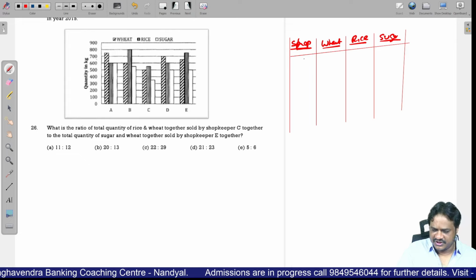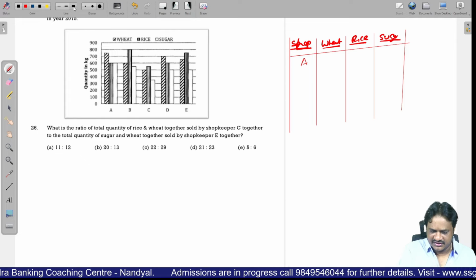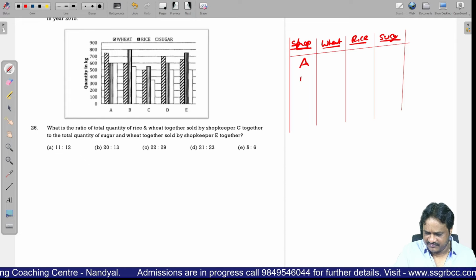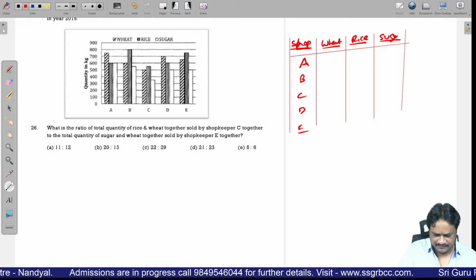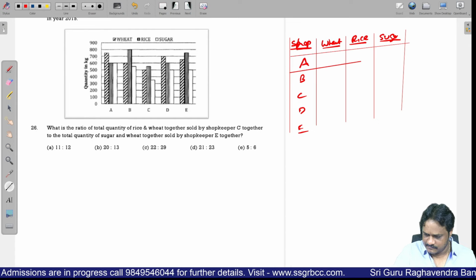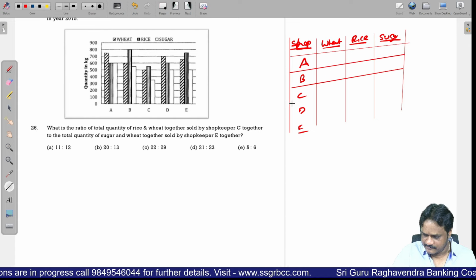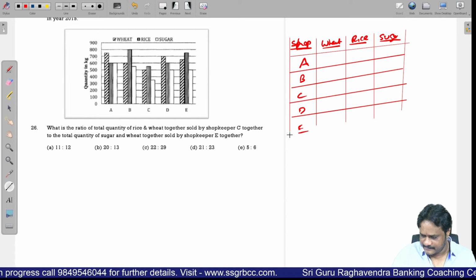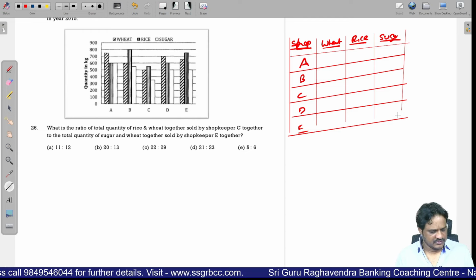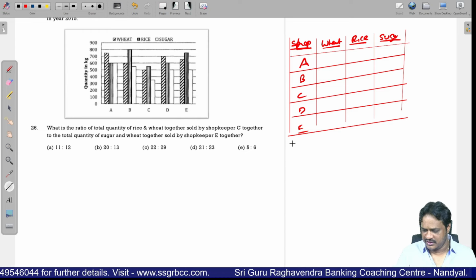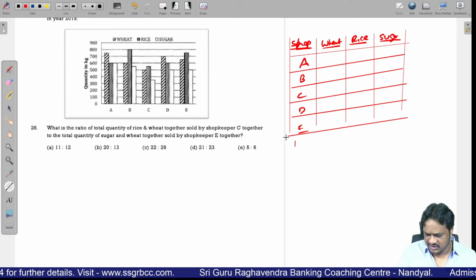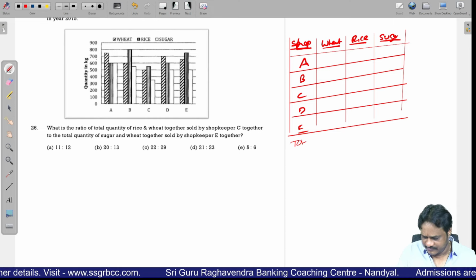Below the names, shopkeepers A, B, C, D and E. And one more thing, the total.